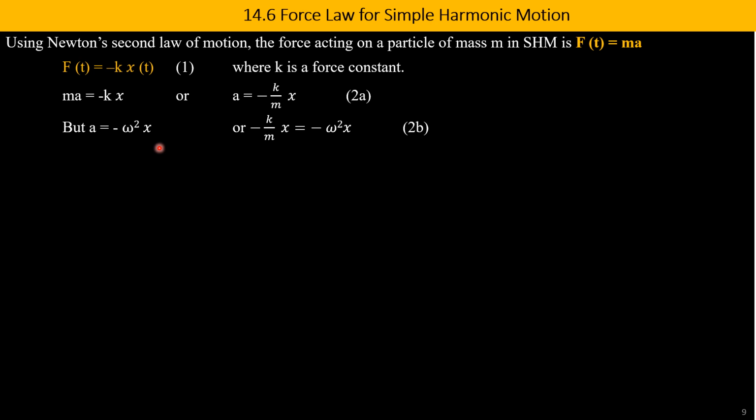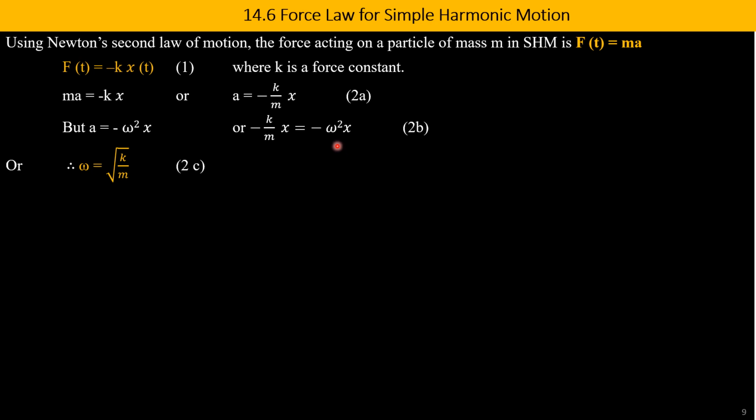We also know by the relationships in simple harmonic motion, A is equal to minus omega squared X. That is the relationship derived from displacement and velocity. Therefore, A is equal to minus omega squared X. Substituting this value, we get minus K by M into X is equal to minus omega squared X. Let it be equation 2b.